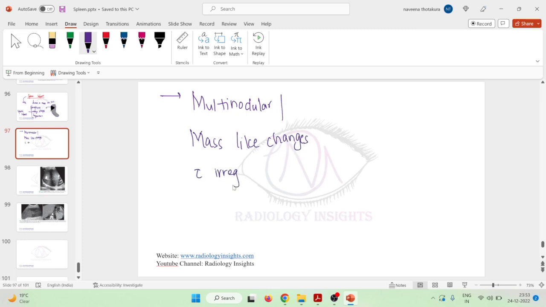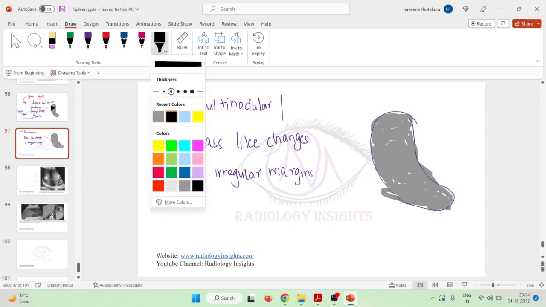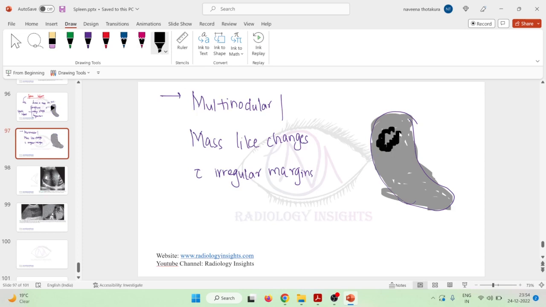So if this is the normal spleen, you might see that the splenic infarct has a multinodular and mass-like appearance with irregular margins. So this is also a splenic infarct.